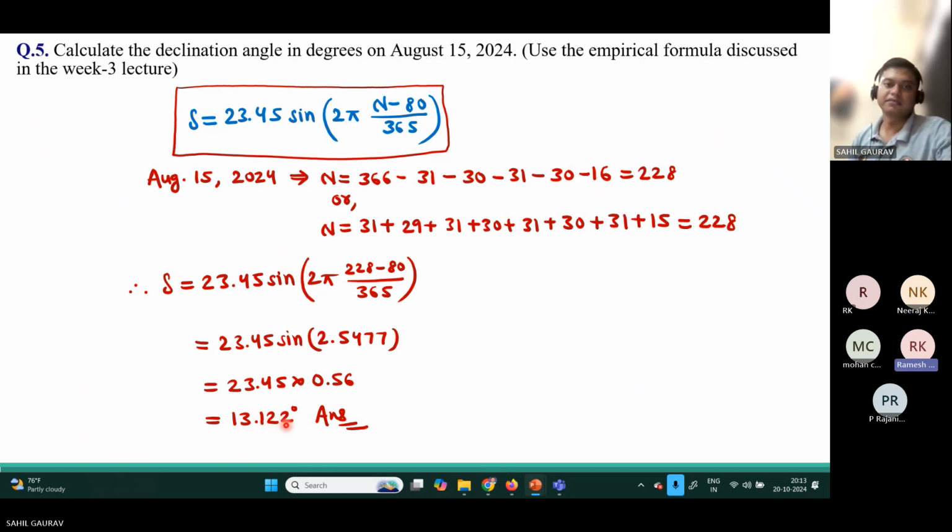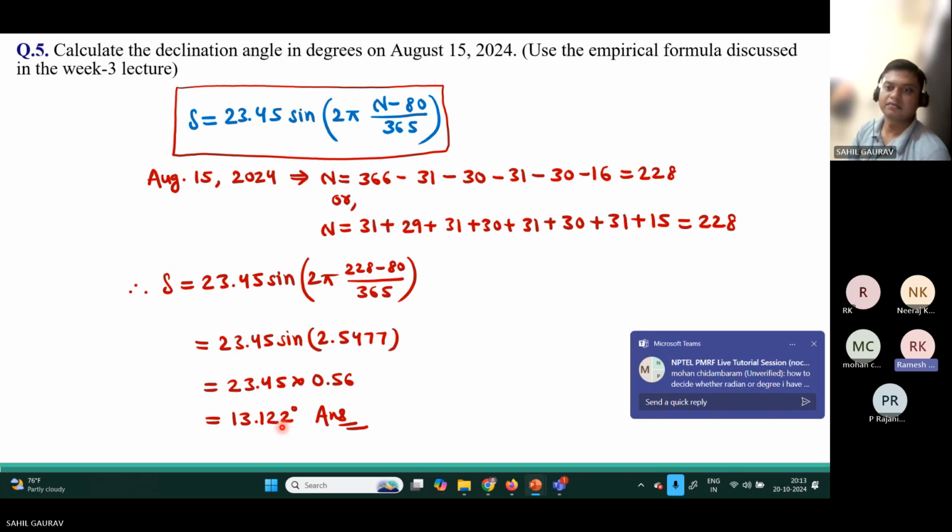Sir, actually, I'm getting confused most of the time in these three assignments, where I have to go with radians or go with degree.